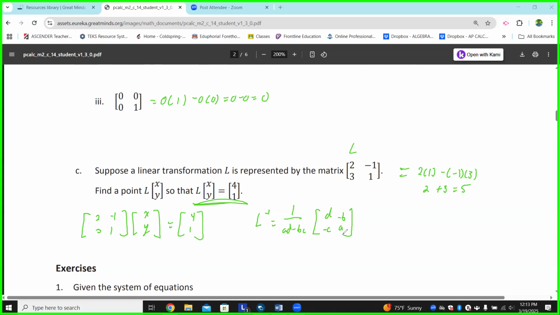Now, what happens if I multiply L times L inverse? What's that going to give me? What is the original matrix and its inverse? Not 0. The identity matrix. And if I end up with an identity matrix and I multiply by an identity matrix, what's it going to do to that matrix?